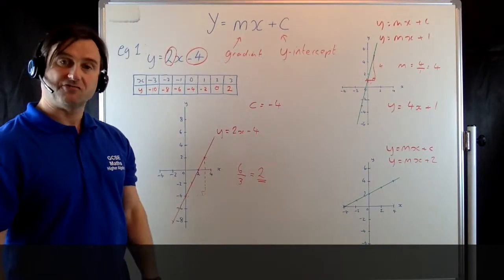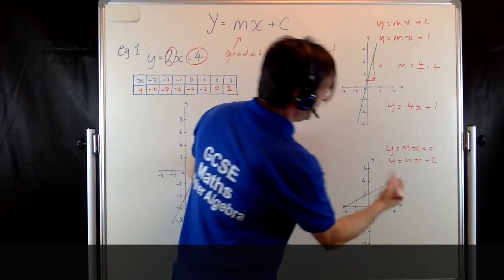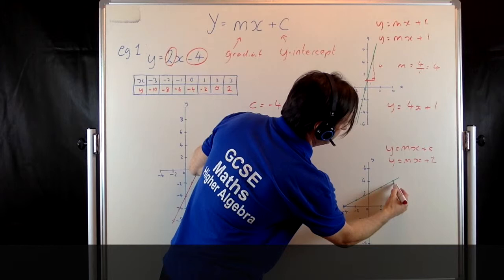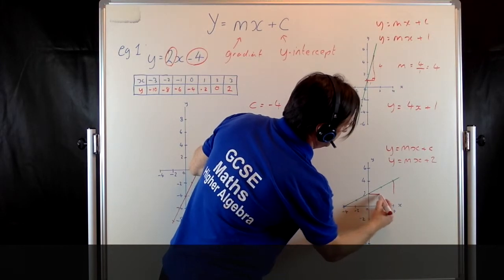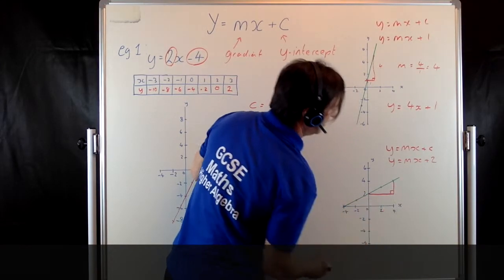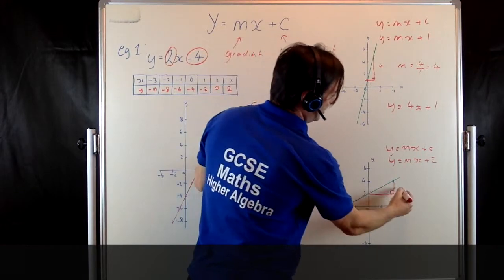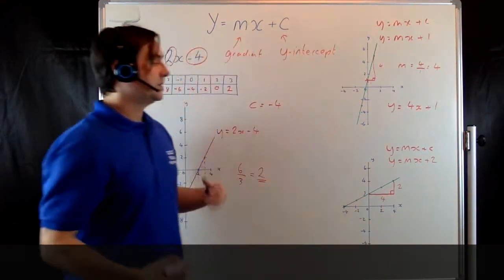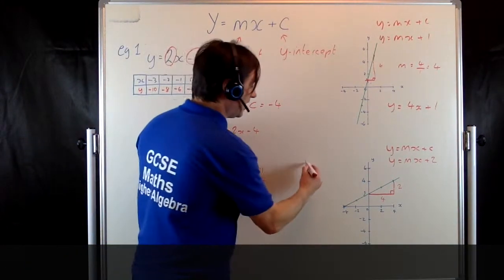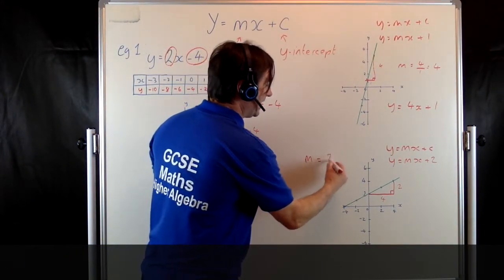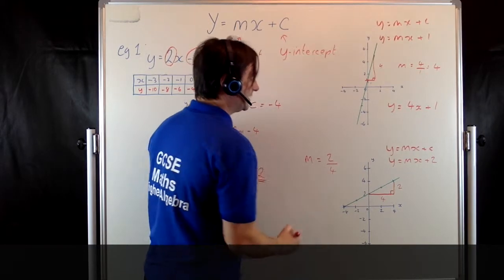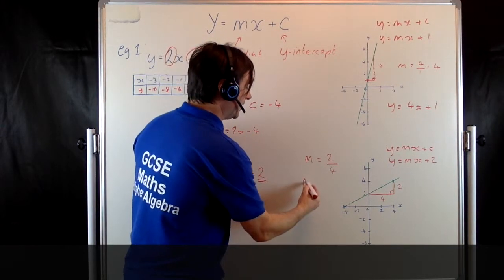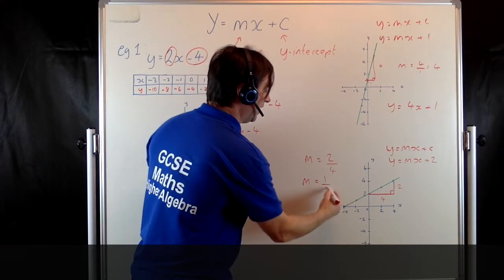Now we need to find the gradient. So we're going to look at drawing a little triangle here between these 2 points. There's my right angle triangle. I have a height here of 2 and a base of 4. So to find my gradient m, I've got to do the height divided by the base. 2 over 4 clearly simplifies to a half.